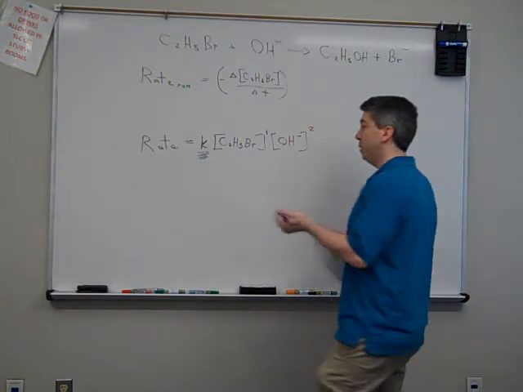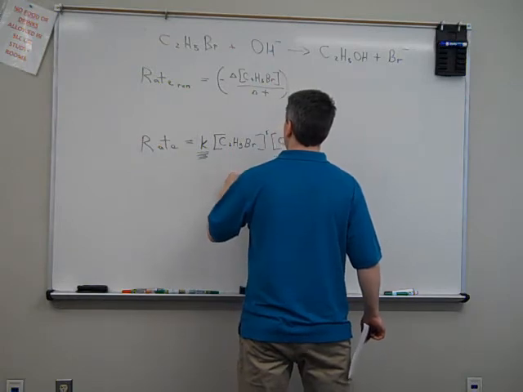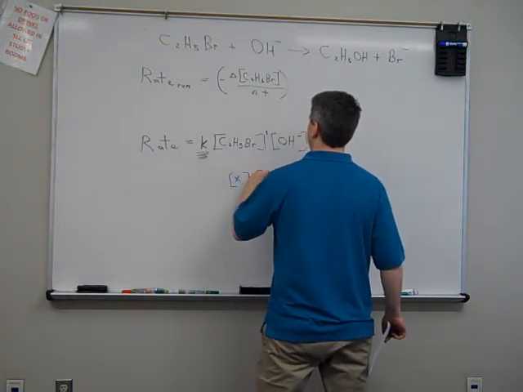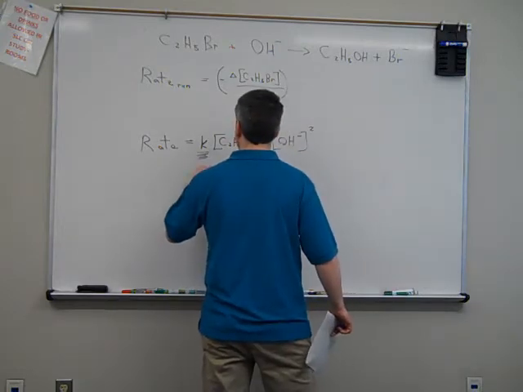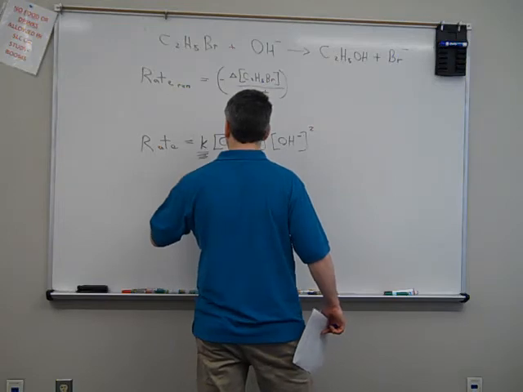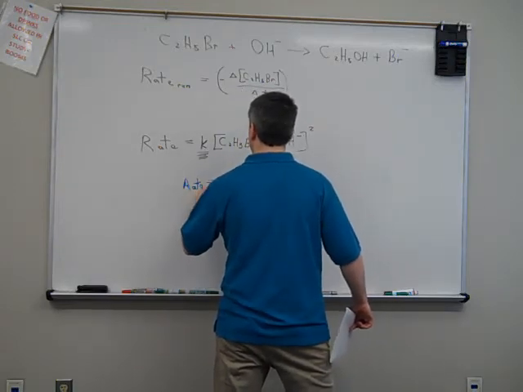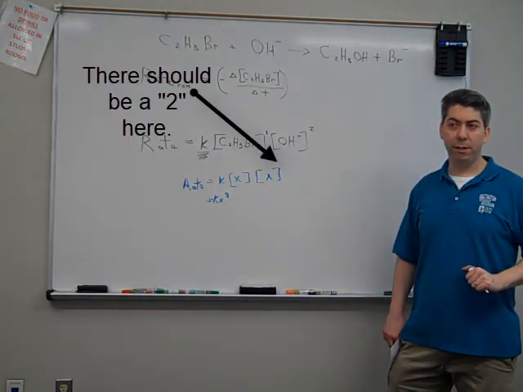In this case, let's say I had X here originally, and X here originally. Then the rate would be equal to Kx cubed, right? Does that make sense?